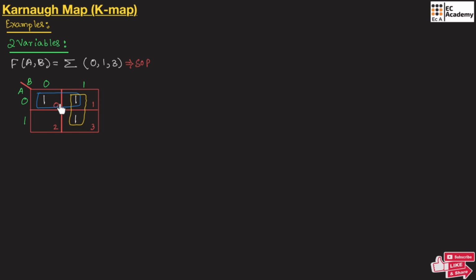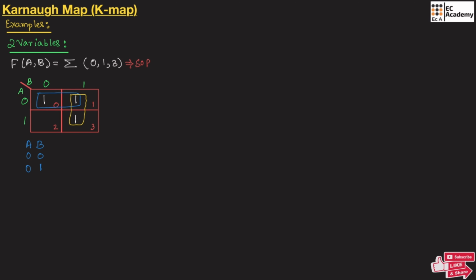For the group represented by blue color, we can write the values of A and B. For the first group, AB value is 0, 0 and the next value for AB is 0, 1.